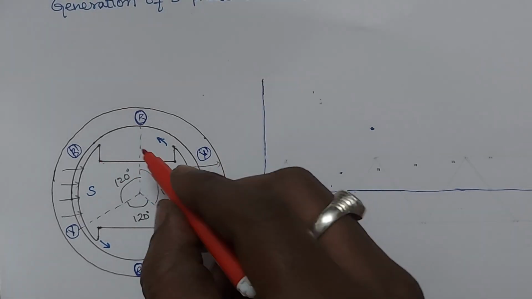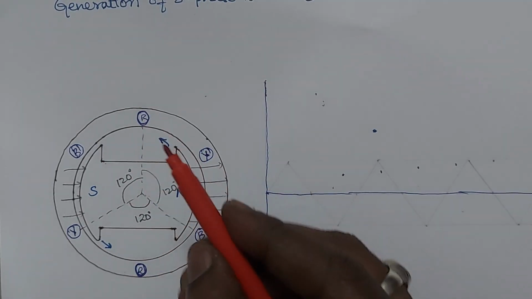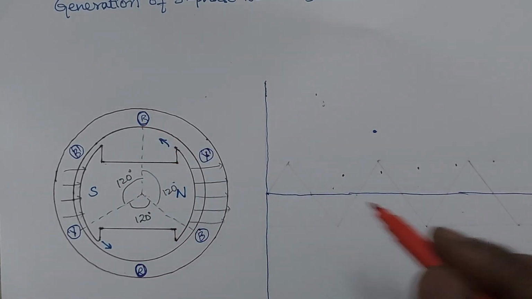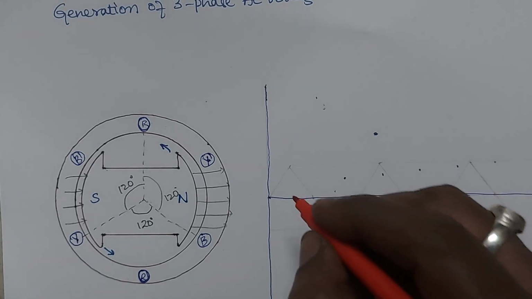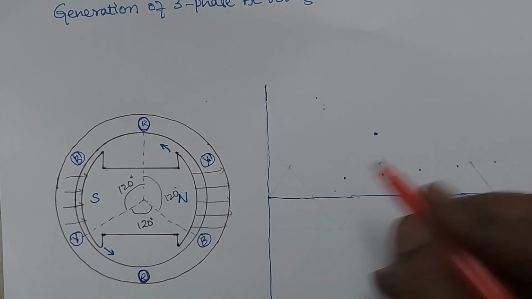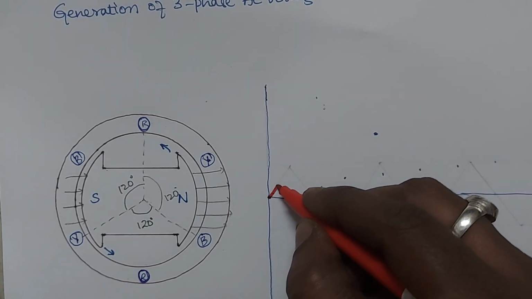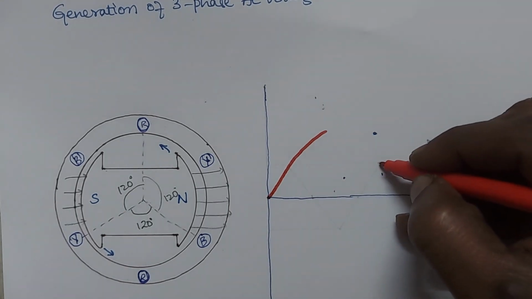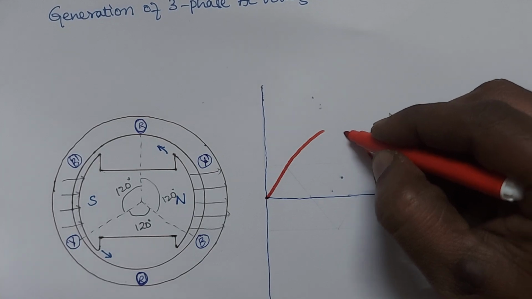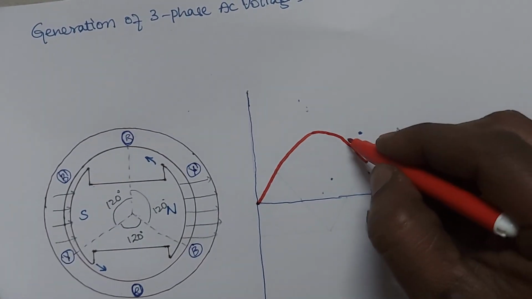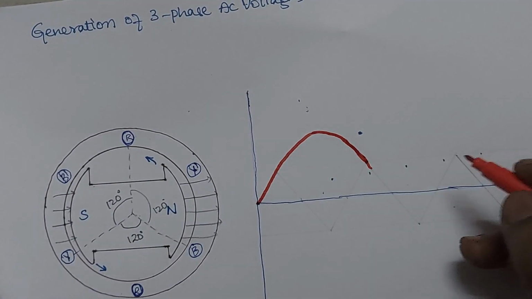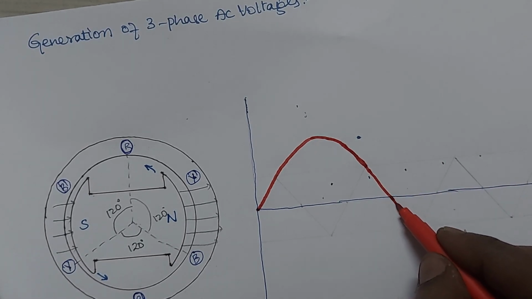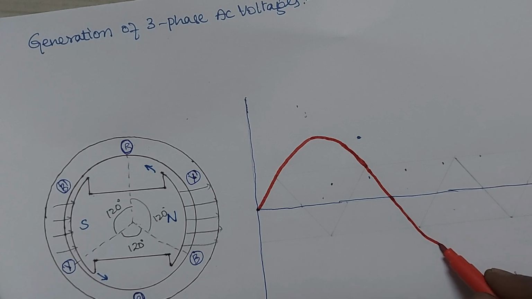Now see here, this is R, so I am drawing this red color sketch. This is the R phase voltage. Now I am drawing the R phase voltage here.